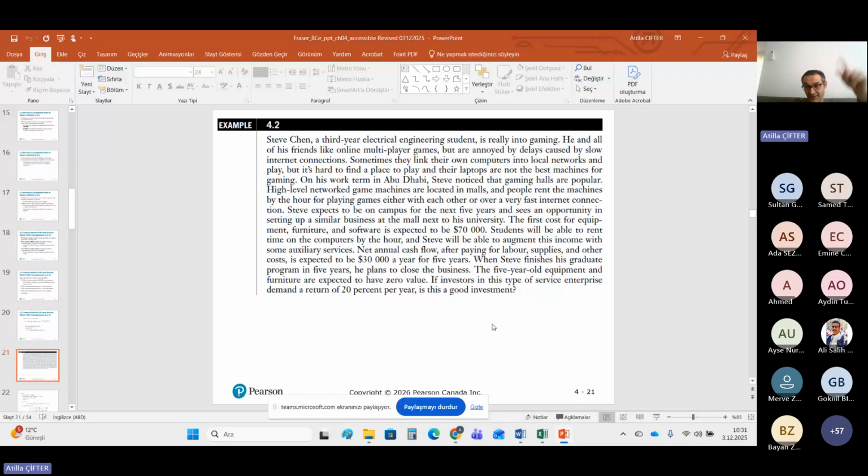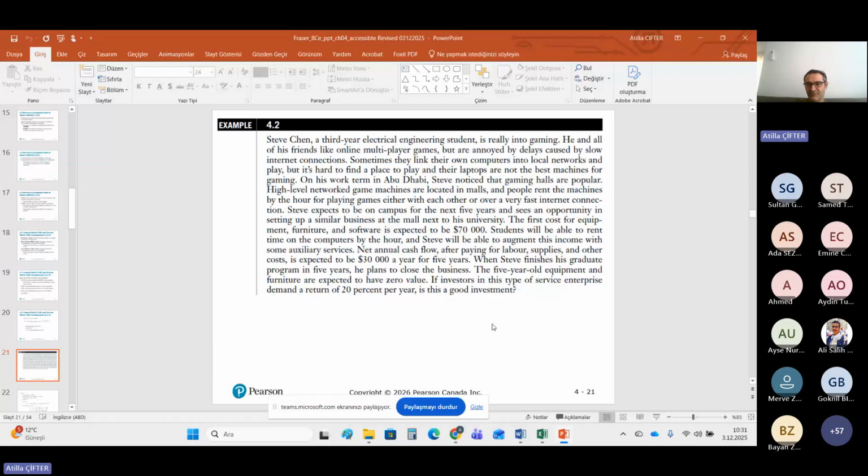So he takes the idea and thinks that we can do the same investment in the mall next to the university. His first cost for equipment, furniture, and software is expected to be $70,000. Students will be able to rent time on the computers by the hour. Steve will be able to augment his income with some unexpected services.